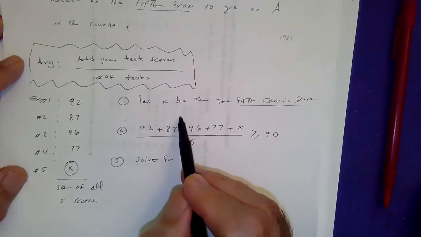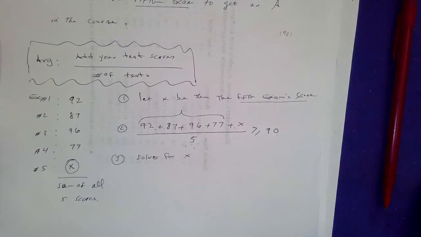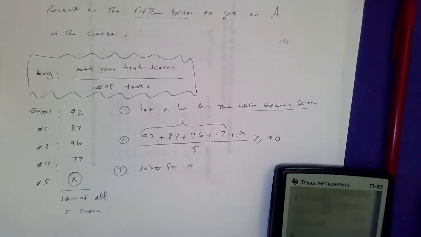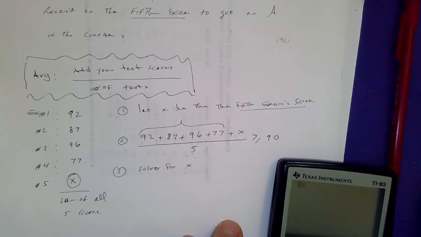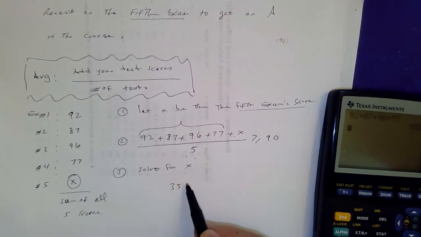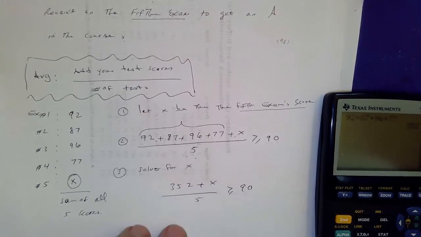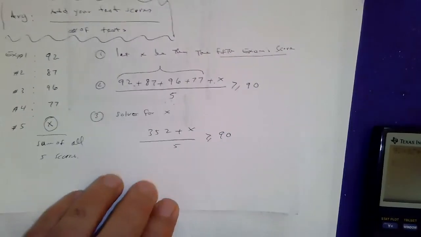How do you do this? First, you add up all these scores. I should have added those scores ahead of time, my apologies. So 92 plus 87 plus 96 plus 77 is 352, plus x, over 5, greater than or equal to 90. Correct?